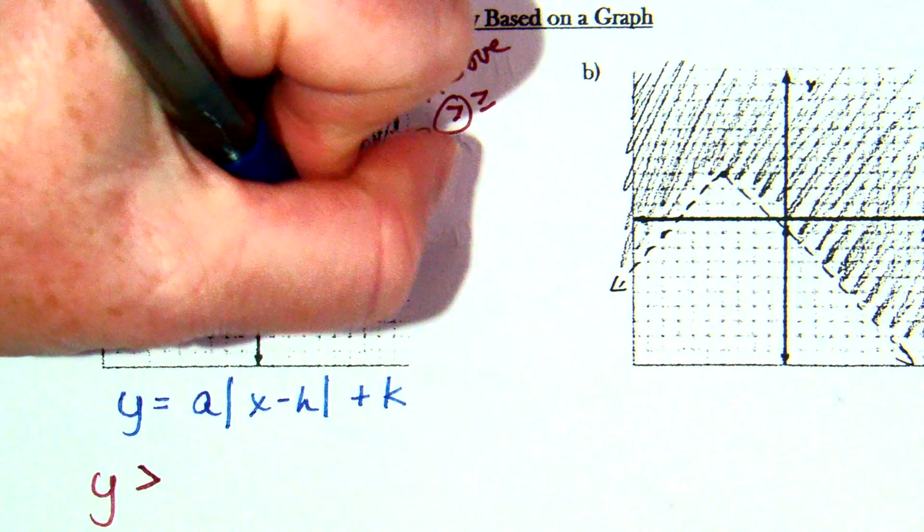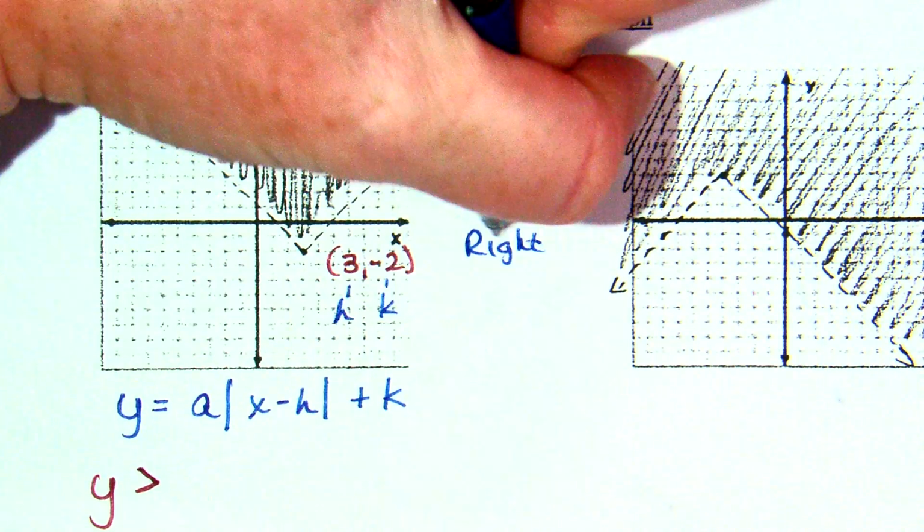So if we fill that part in, absolute value of x minus h is 3, so it's x minus 3 plus k, what am I going to put? Minus 2.